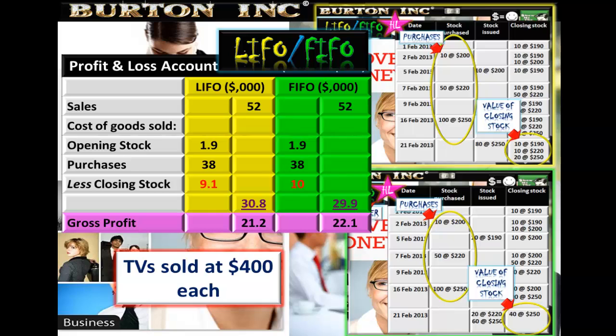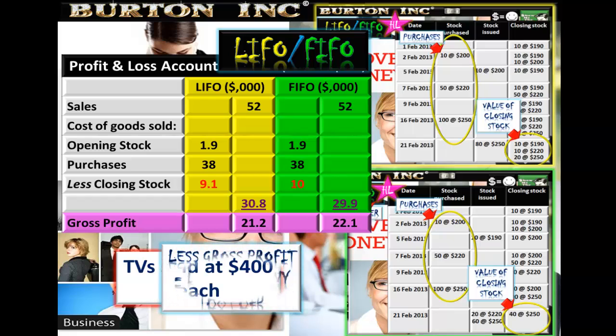This will feed through to net profit, and it will feed through the amount of tax that this business is paying. Under LIFO, gross profit's lower. The government gets their hands on less of our hard-earned income, which is what it's all about. Tax avoidance, not tax evasion, tax avoidance. And in fact, a lot of countries will not let companies use the LIFO stock valuation method. The first in, first out will be the required valuation method to minimize that tax avoidance.